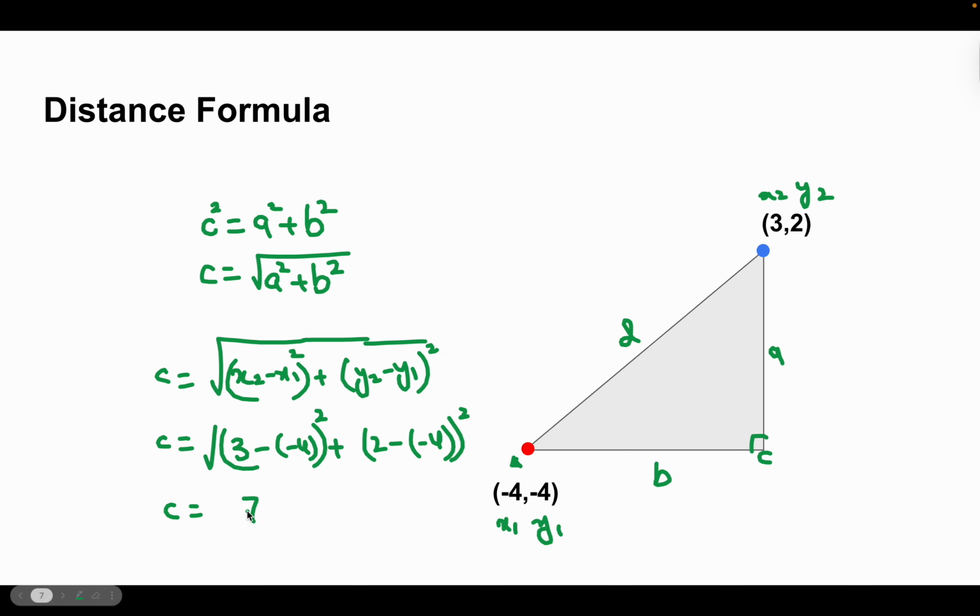So this will be the square root of 7 squared plus 6 squared. So this will be 49 plus 36, and the square root of this number will be the distance between point A and point B.